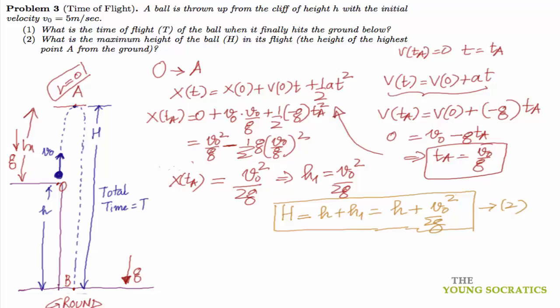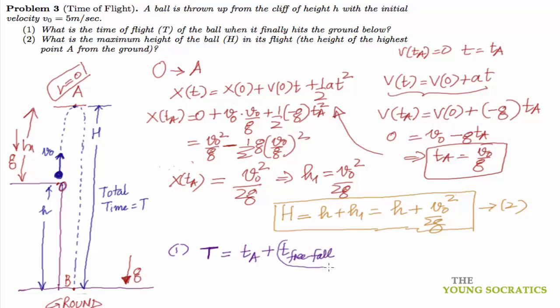Now to solve part 1, we need to find the total time of the flight t. Note that total time of the flight t will be the time from the origin O to A, so that is ta, plus the time it takes to freely fall from A to the ground. Let's call it t free fall.